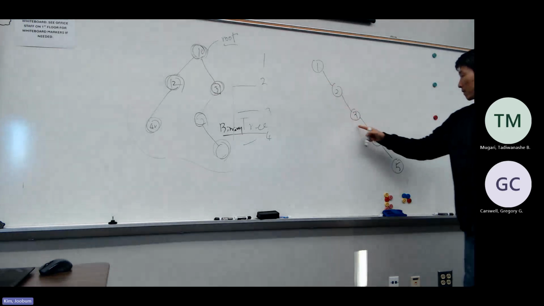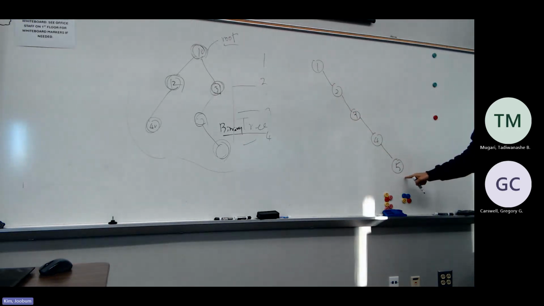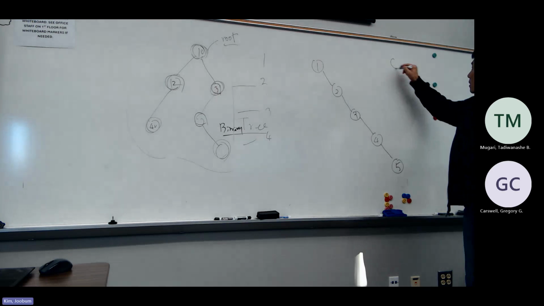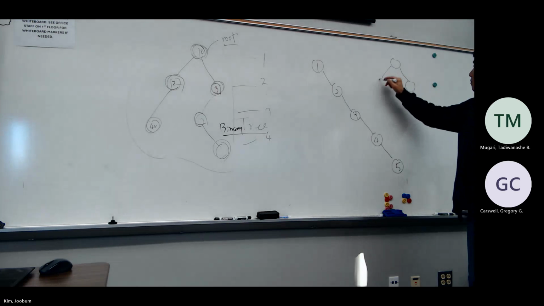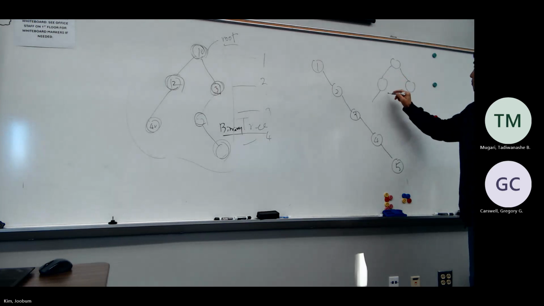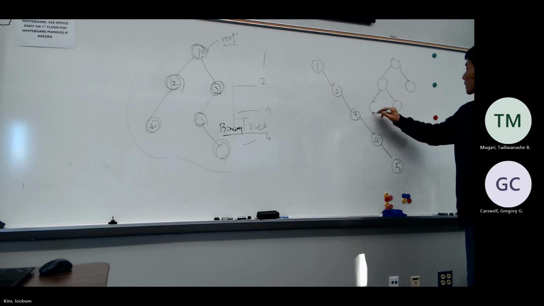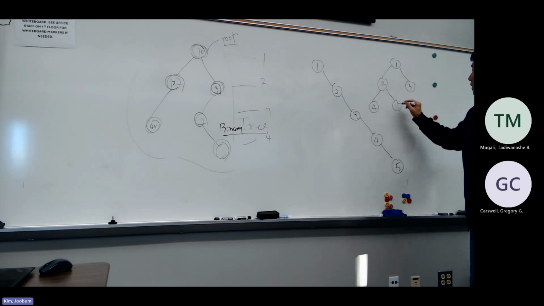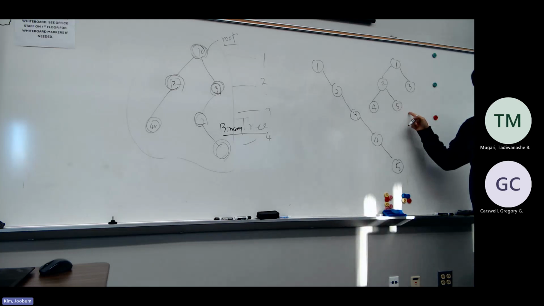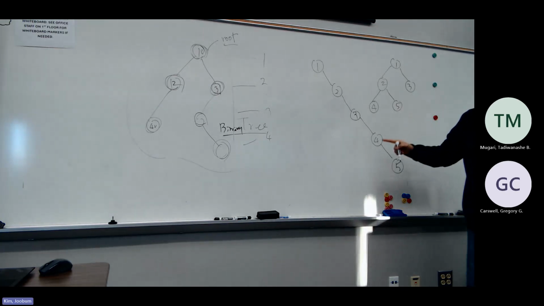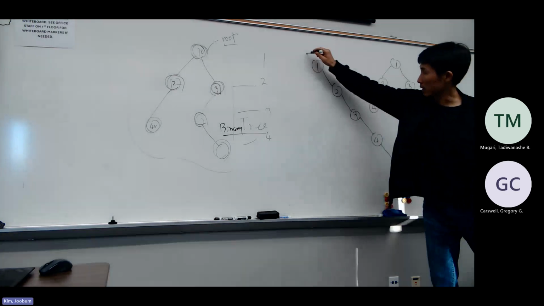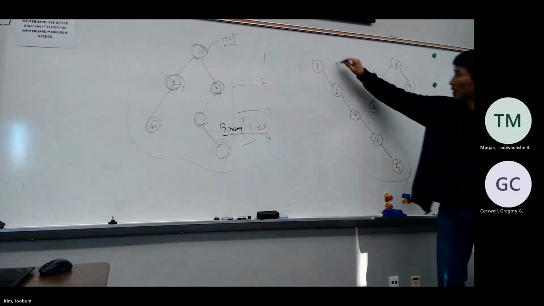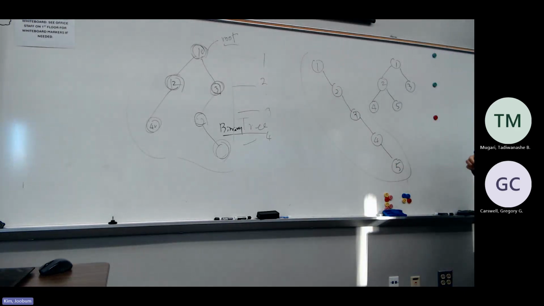And there are 5 elements stored in a tree. How about 1, 2, 3, 4, 5? It's also a tree. But what is the disadvantage in this case? If we want to reach 5, how many comparisons do we need?